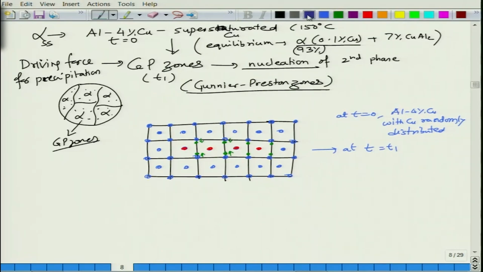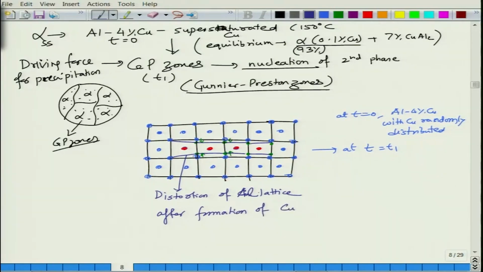Okay, and the new lattice may be like this. So there is a bit of distortion of the lattice. So this is basically a distortion of the aluminum lattice after formation of copper clusters.